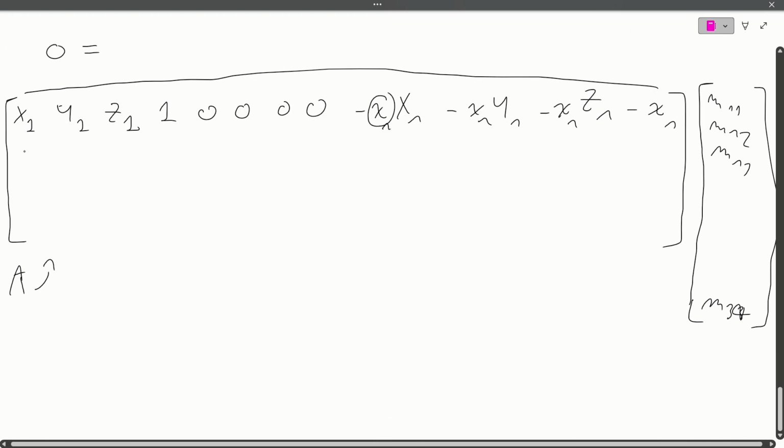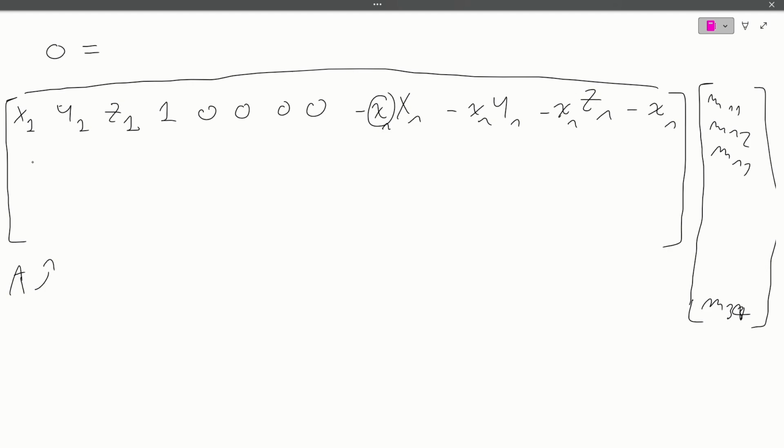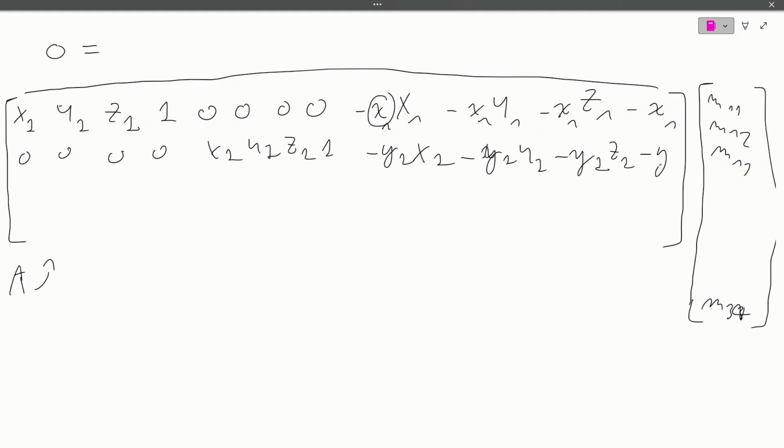I just forgot to write the second equation. Here we can put a very similar equation, but with 0s, then X1, Y1, Z1, 1, minus y1 X1, minus y1 Y1, minus y1 Z1, minus y1.